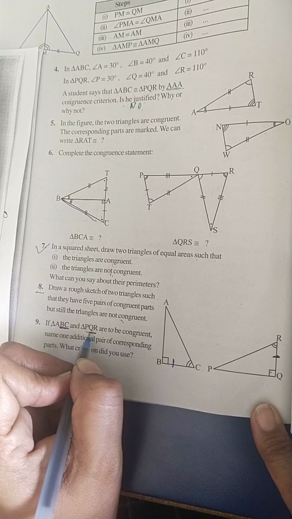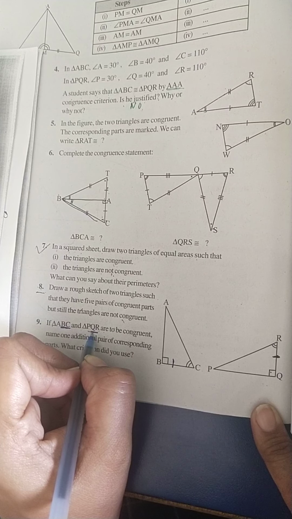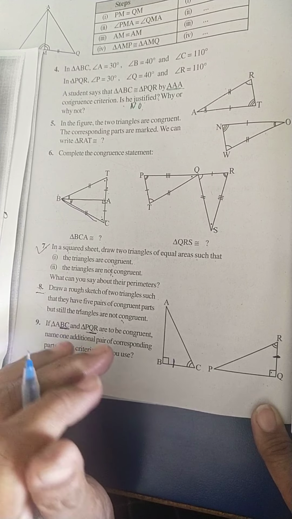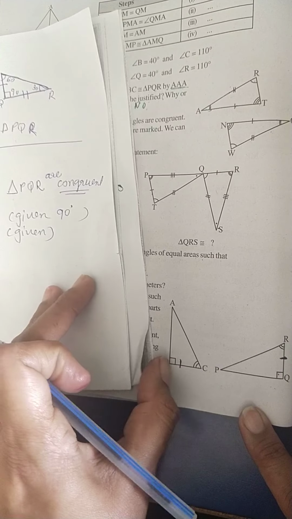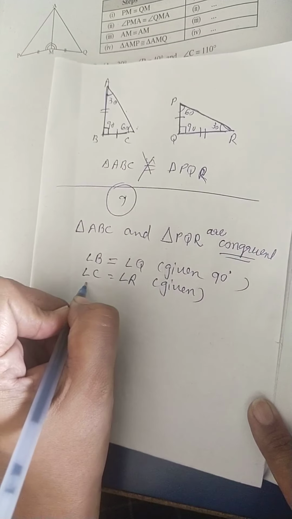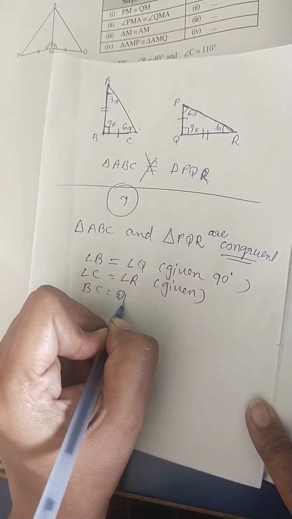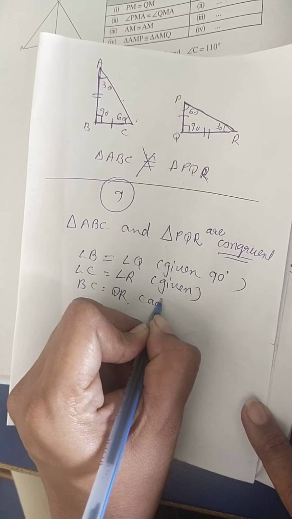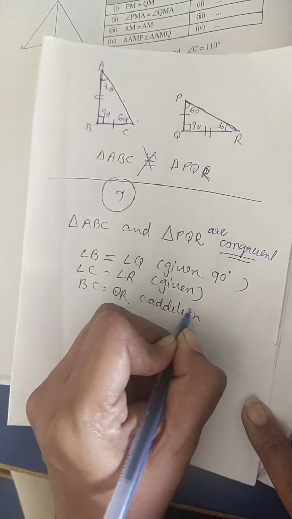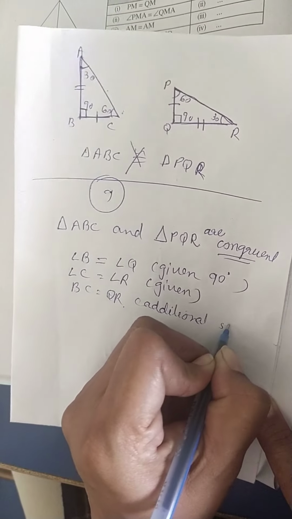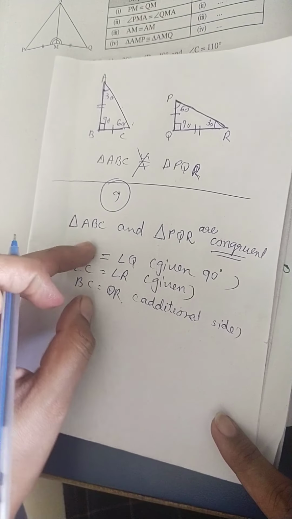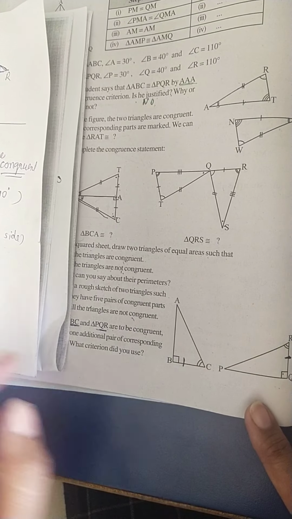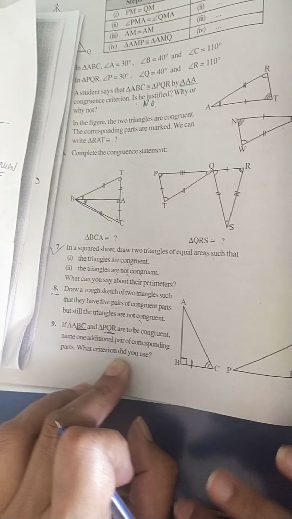If you write RQ, then it is wrong, students. Listen properly: the names must be written in the same order in the corresponding part. So here BC is equal to QR. This is the additional side that we added, the included side between two angles. Okay, what criterion did you use?